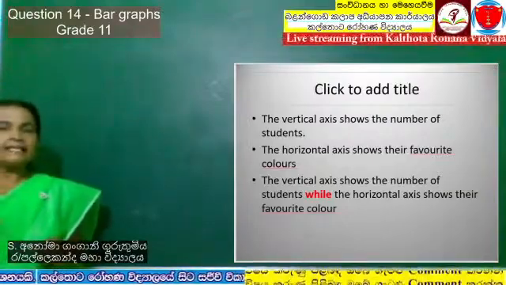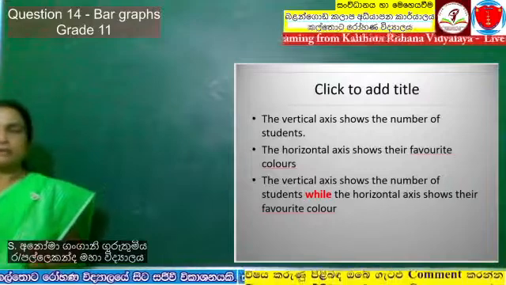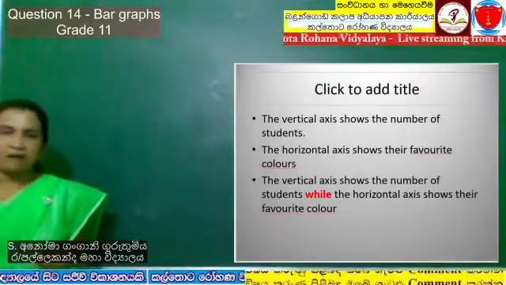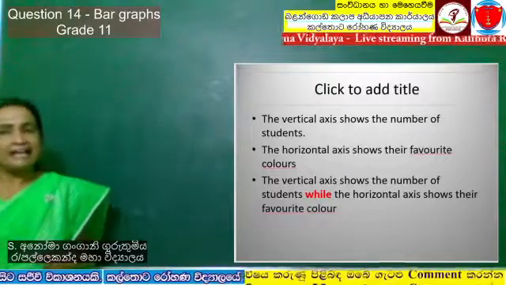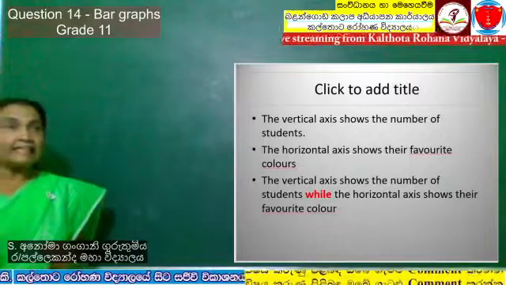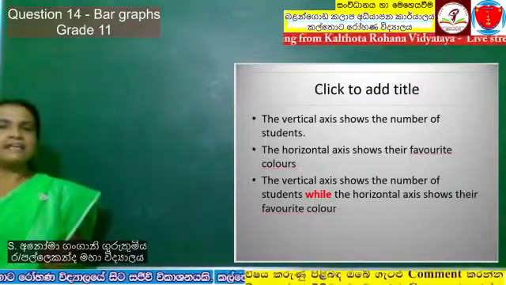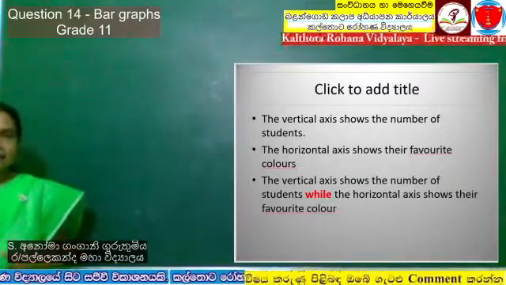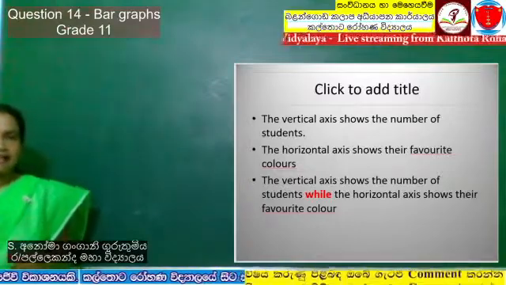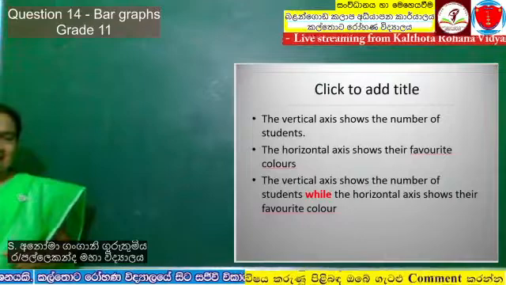The vertical axis shows the number of students, while the horizontal axis shows their favorite colors. Right? Read it again.